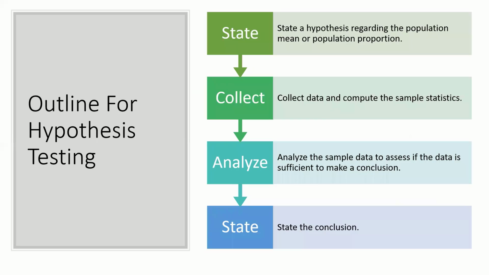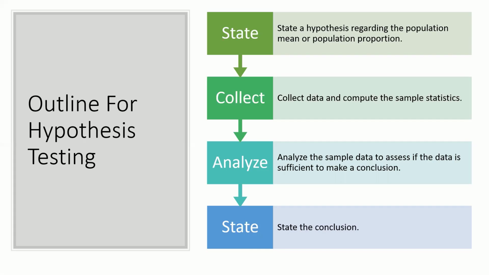So the outline for hypothesis testing is 4 steps. Step 1, state a hypothesis regarding the population mean or the population proportion. We're going to do hypothesis testing for other types, and there are all different types, but we're going to start in this chapter with population mean or population proportion, just like we did.